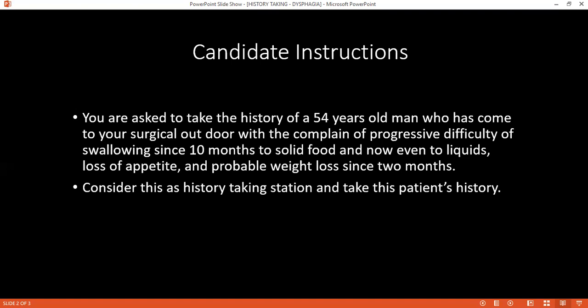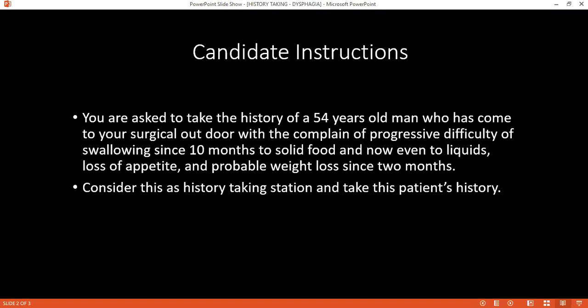Do you have any swelling in your neck? No. Do you have cough? No. And when you eat something, does it come back to your mouth? No. Okay.